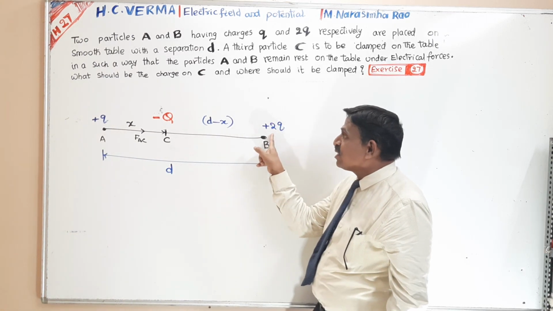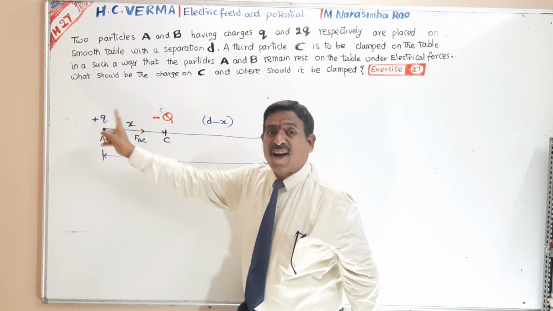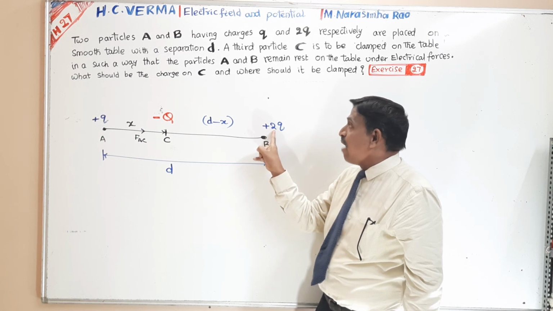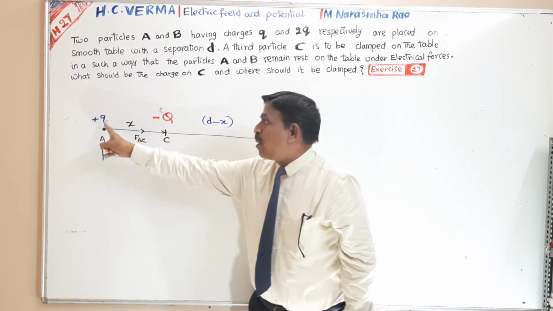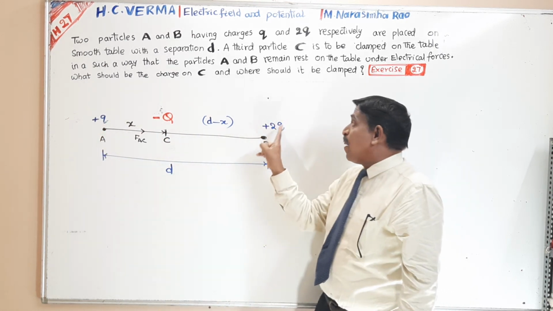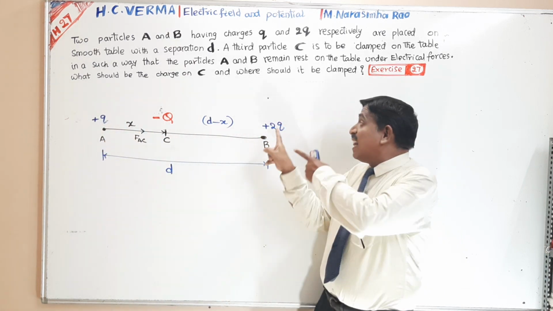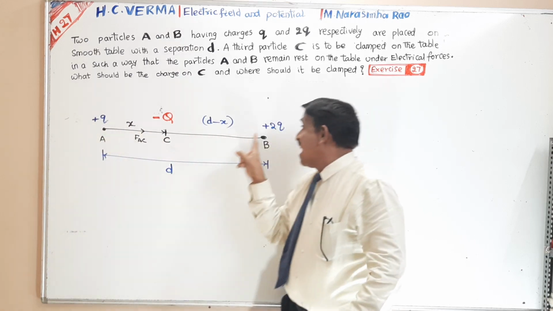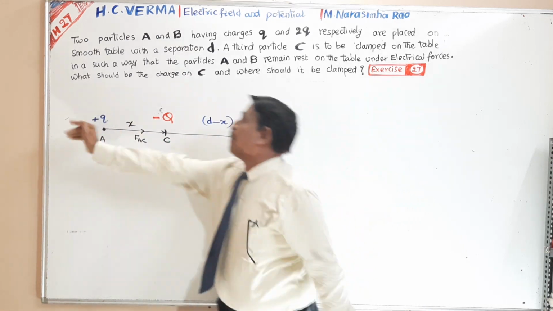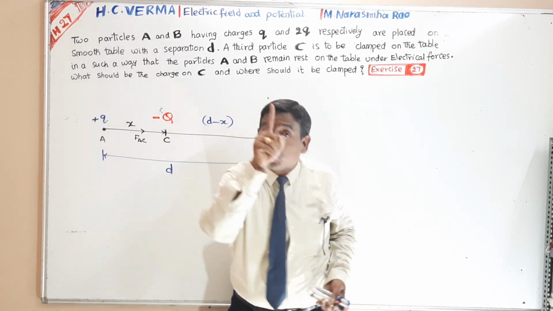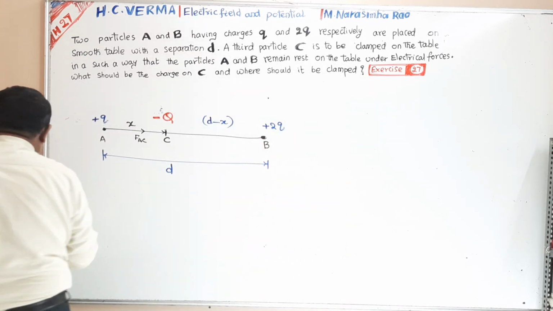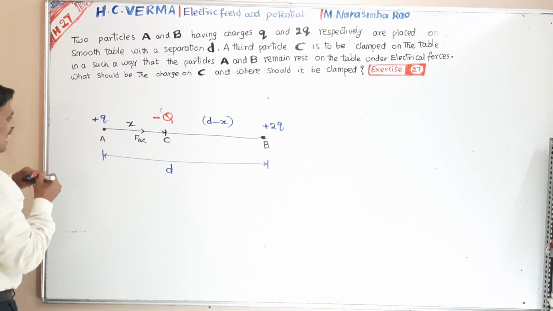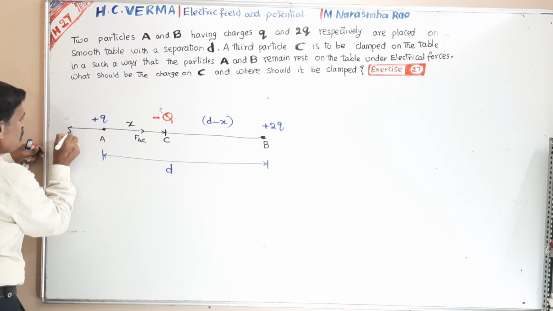Now please listen. This is a positive charge having more magnitude, and this is a positive charge with less magnitude. Positive and positive repel. Due to repulsion, the repulsion force is acting in this direction.